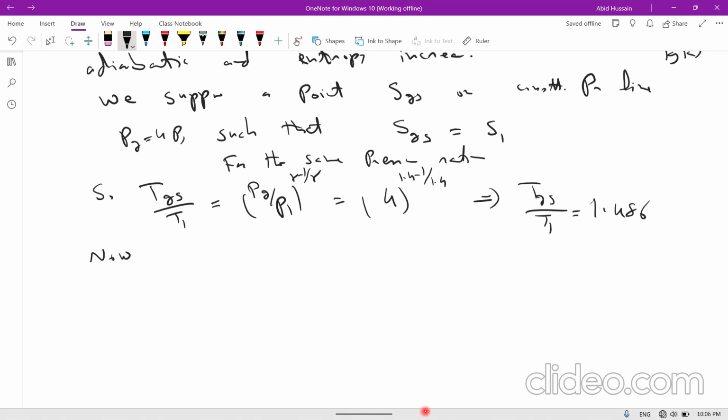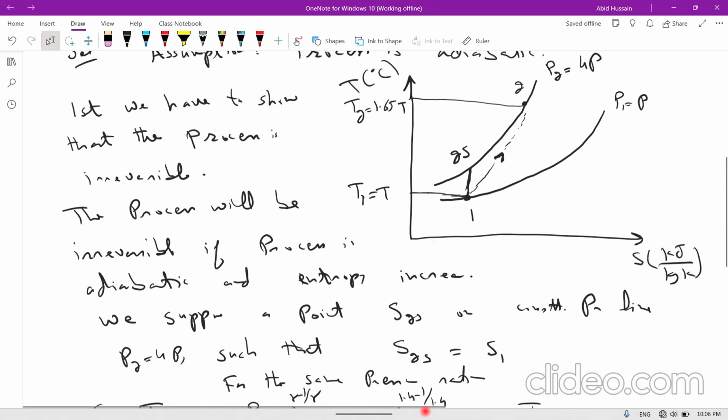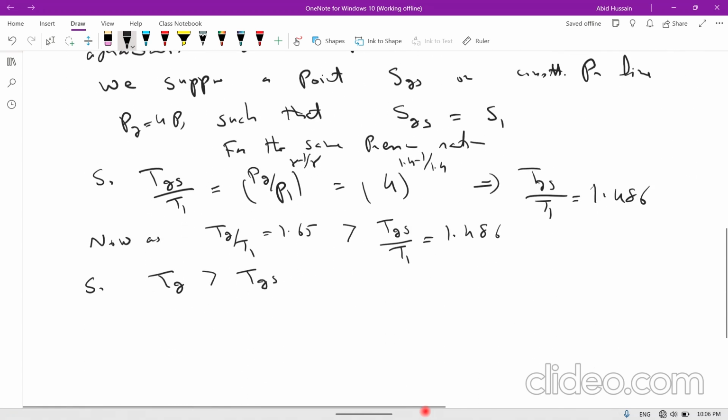Now T2 divided by T1, which is 1.65, is greater than T2s divided by T1, which is 1.486. So it means that T2 is greater than T2s. This is point 2s and this is point 2. From the graph it is clear that S2 is greater than S2s.